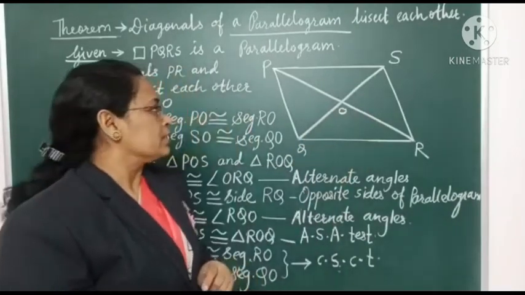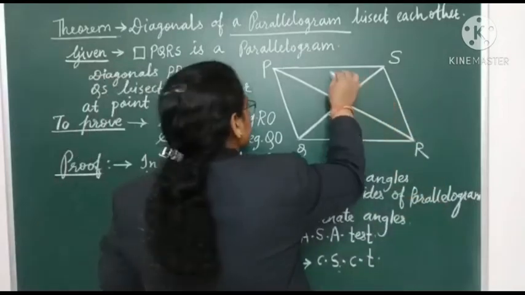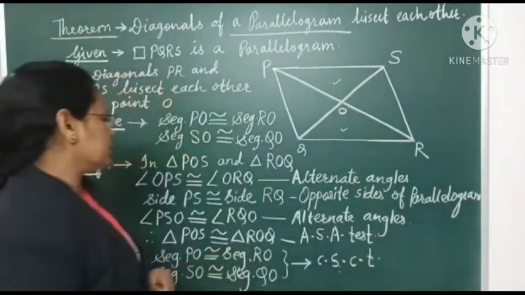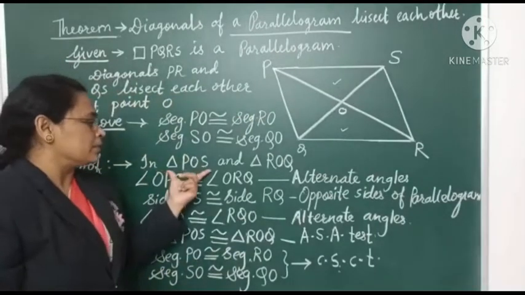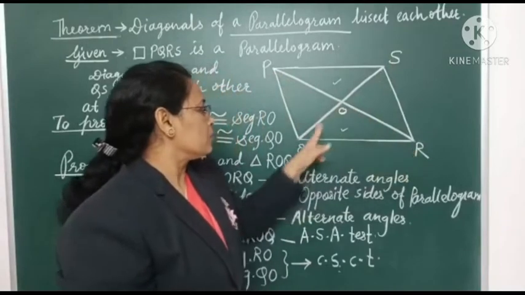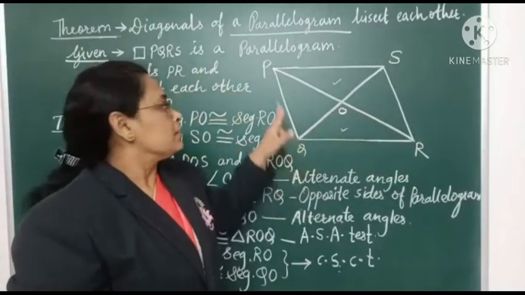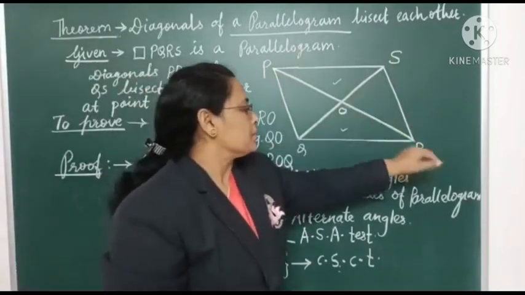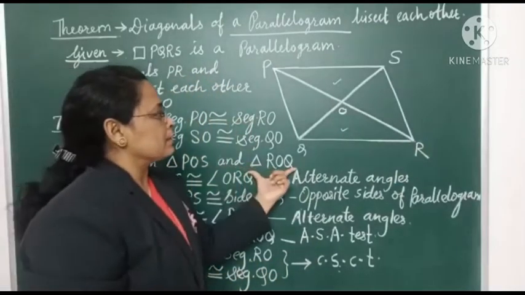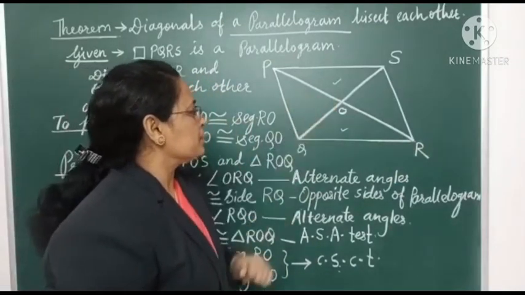So we'll select the two triangles, triangle POS and ROQ. Here the correspondence: P corresponds to R. So triangle POS and triangle ROQ, we have to show that they are congruent to each other.